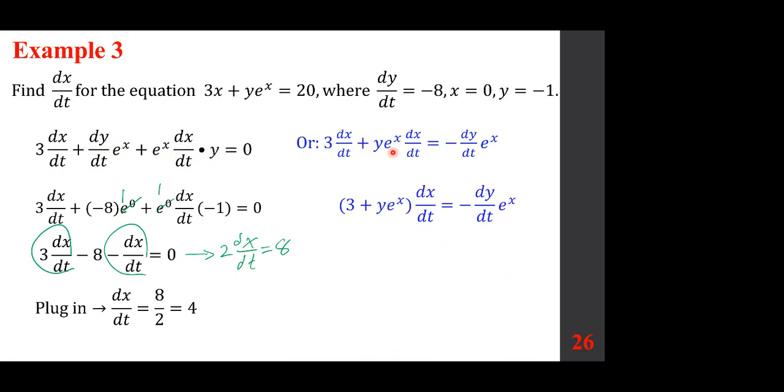So we are factoring now. We are going to divide both sides by the parentheses. When you divide by the parentheses, it goes away on the left side and it becomes the denominator of the right side. And now you can plug in and it will give you the same answer. Okay, class?